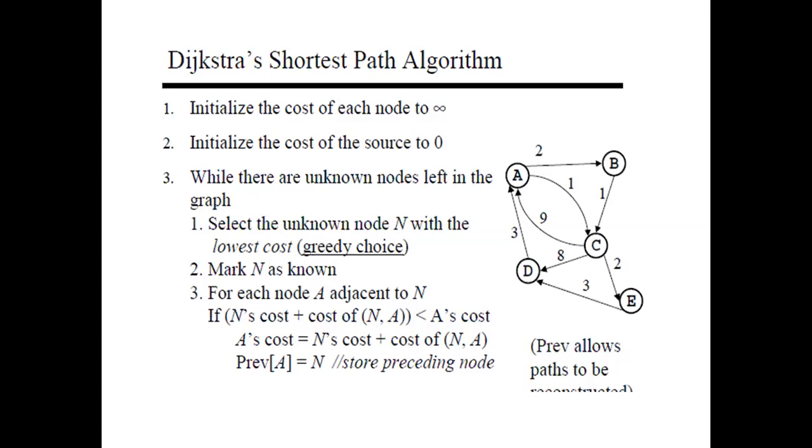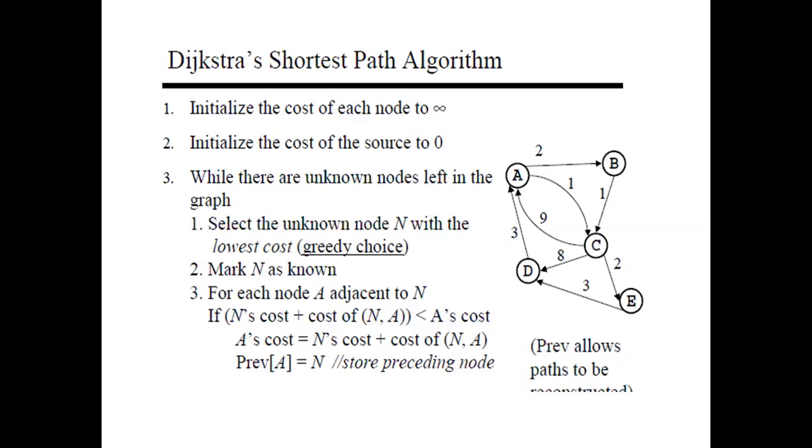So here are the steps. The first step is to initialize the cost of each node to infinity. Then we initialize the cost of the source to 0. In the next step, while there are unknown nodes left in the graph, as we already discussed, we maintain two sets.